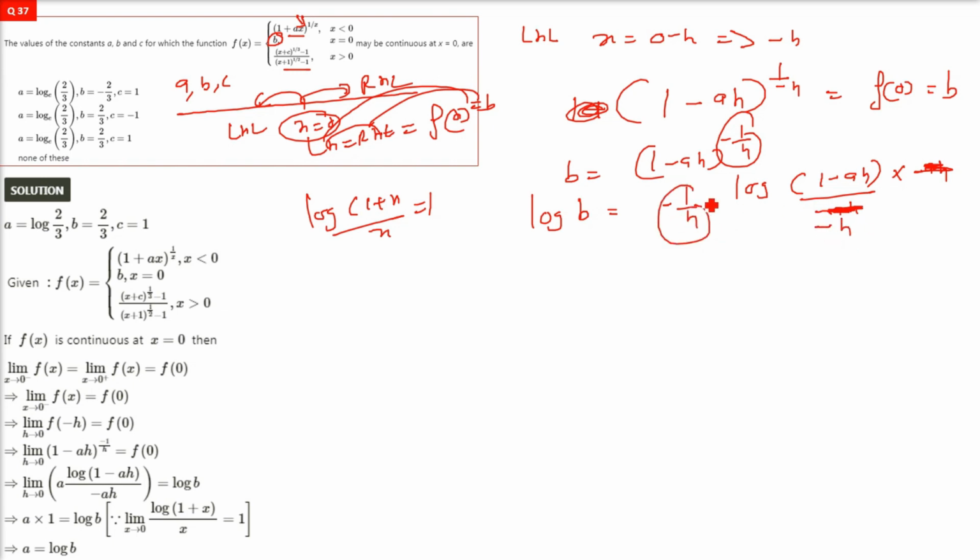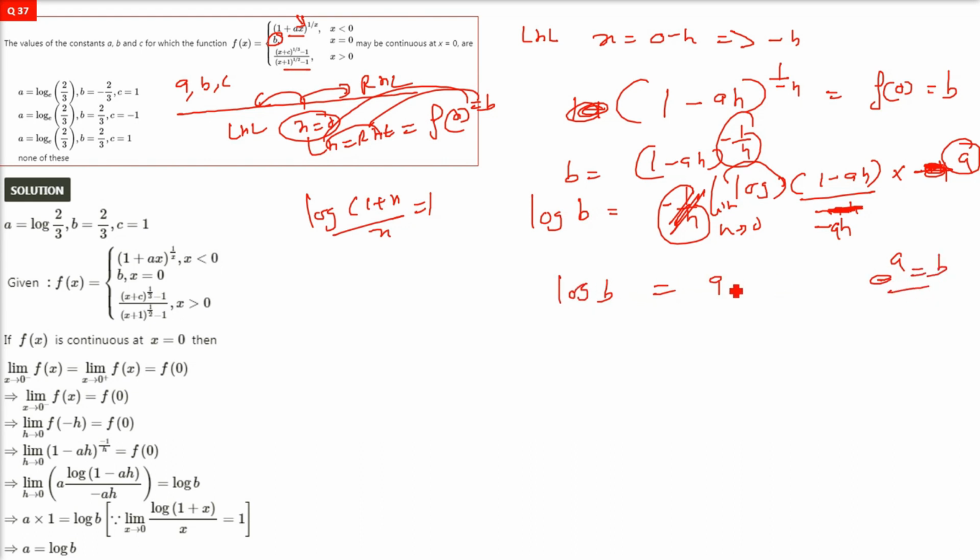So you just have to introduce an a in the numerator and in the denominator. Log(1 plus x) by x, as I just told you, is going to be equal to 1. When you apply the limit, it goes inside the log, and this is going to be simply 1. Log of this is going to be 1, and only a will remain. So log b equals a. This is the first relation: e raised to the power a is b.